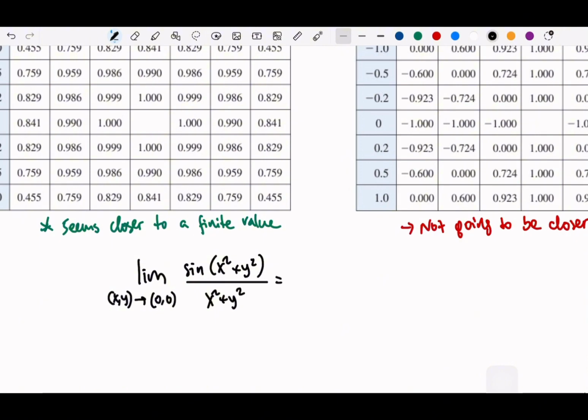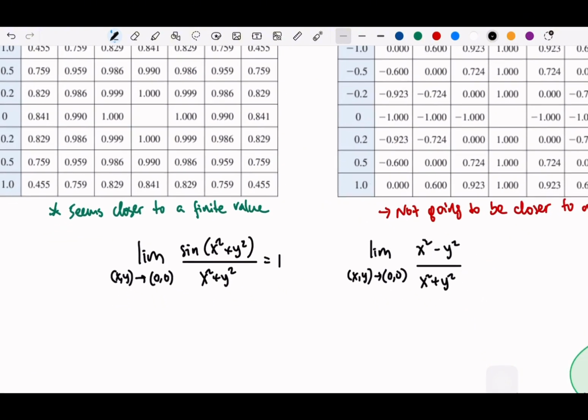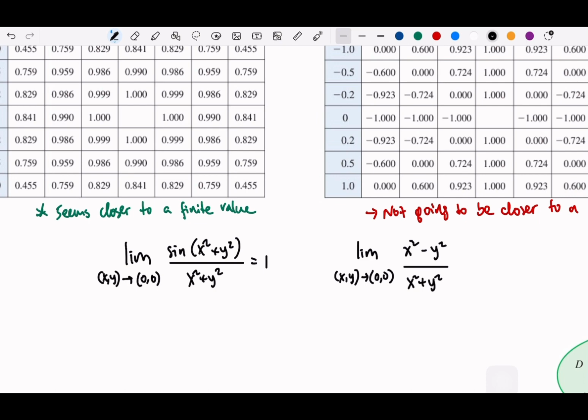This will be equal to 1. And here, since we get the inconsistent value, this doesn't exist.